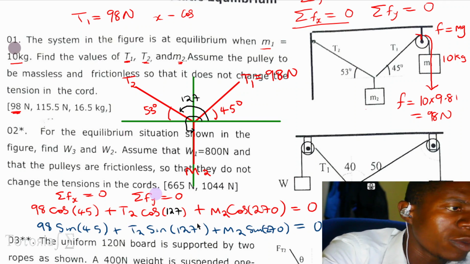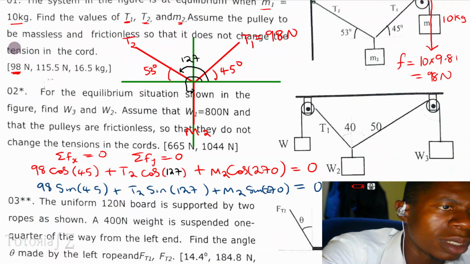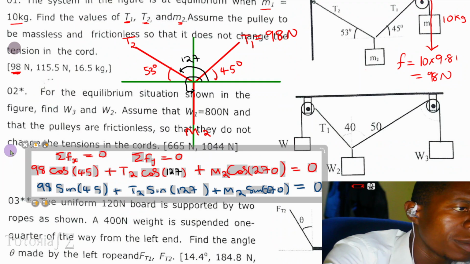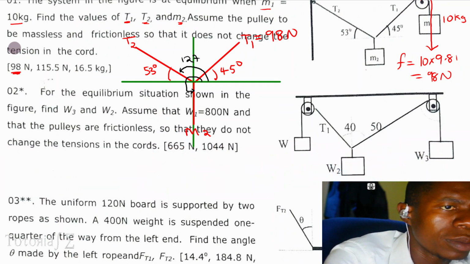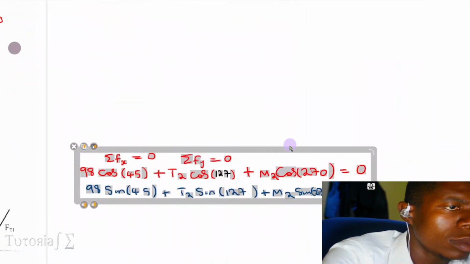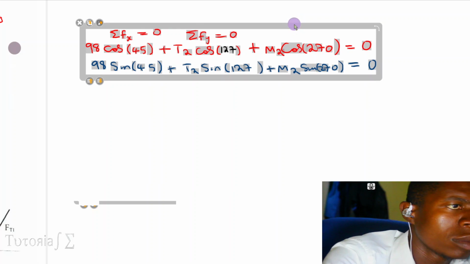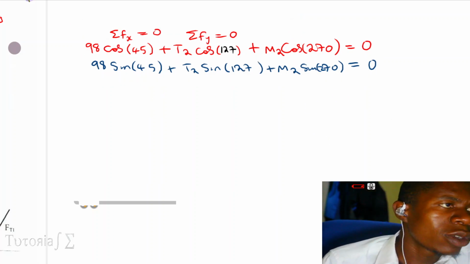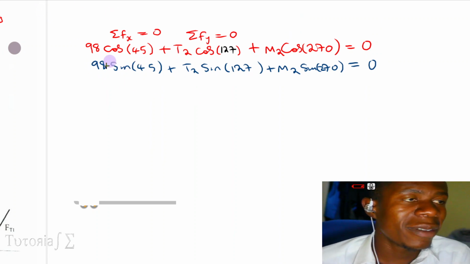So let me just move this onto a blank canvas so that I can work it out properly. All right, we have our x component and our y component vectors, so we can simplify these.